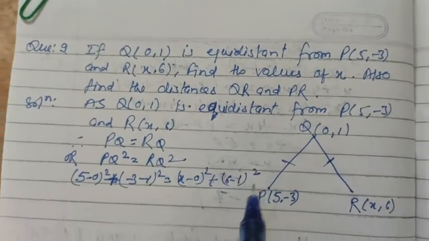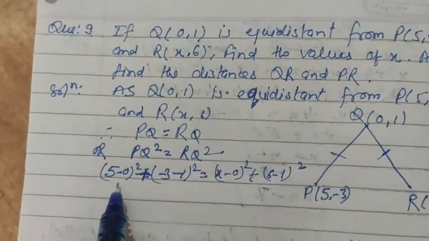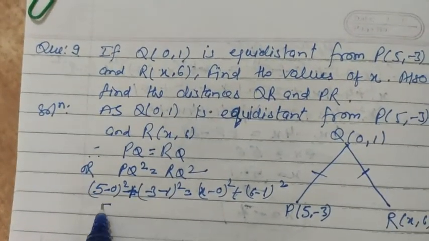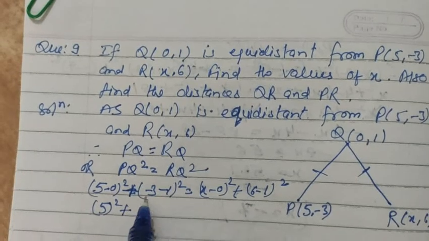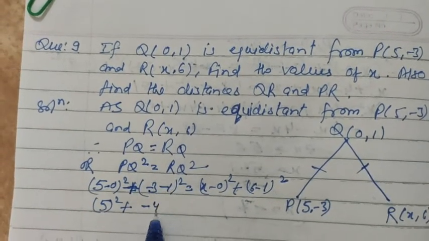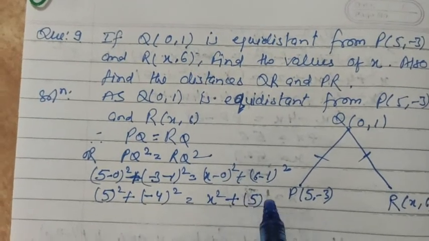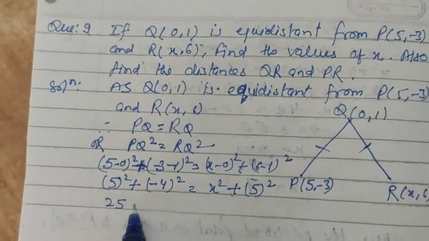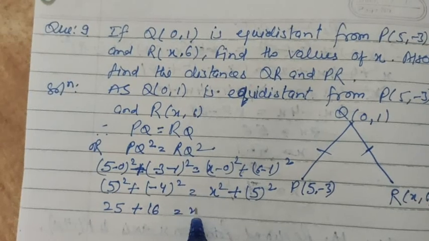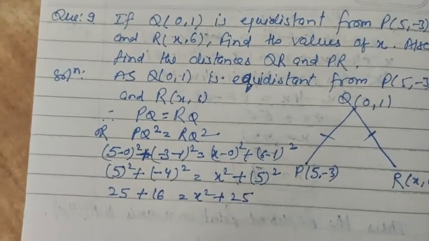So this is the relation. Solve this: 5 minus 0 becomes 5, 5 square, plus minus 3 minus 1 becomes minus 4 square, equals x square plus 5 square. So this will be 25 plus 16 equals x square plus 25.